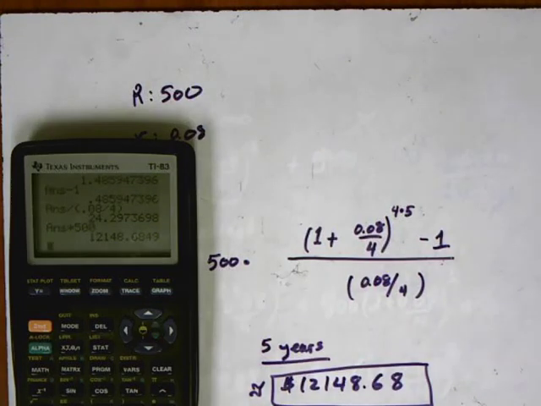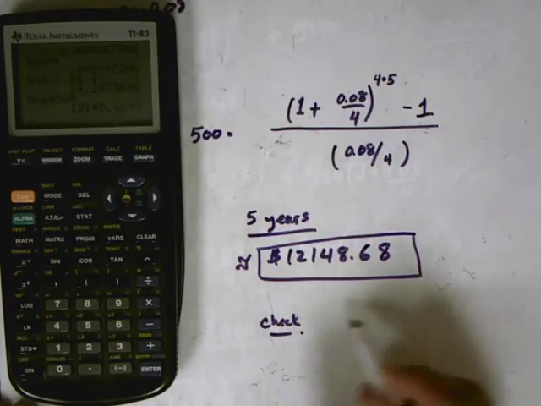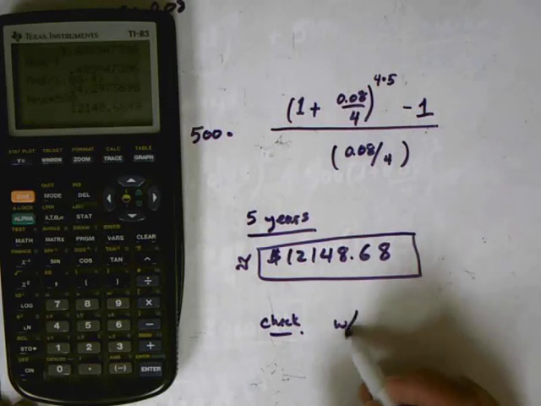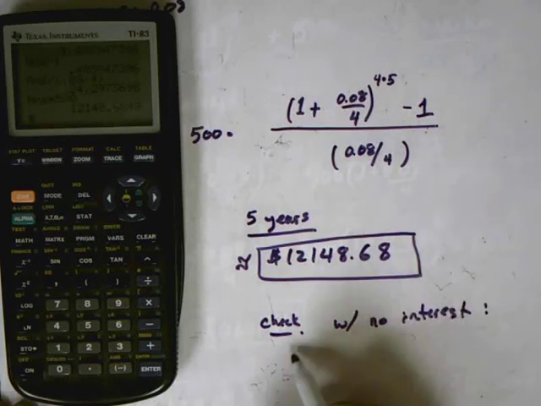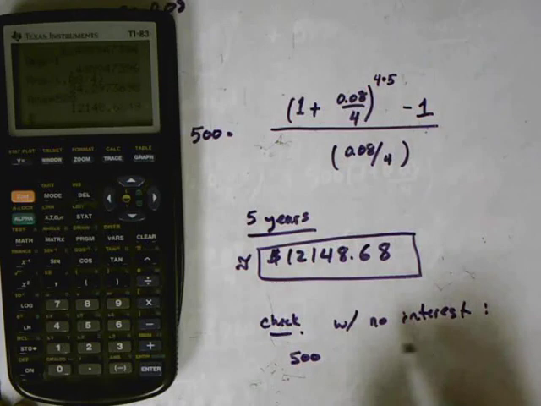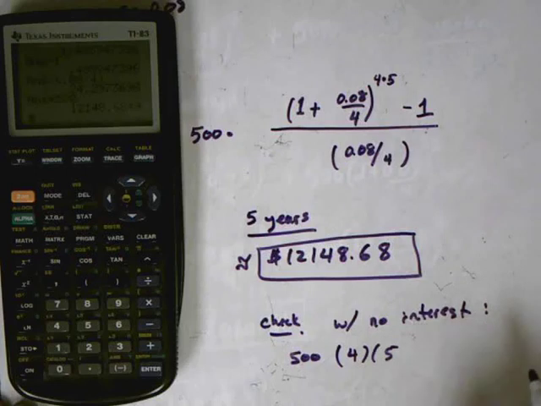And we do want to make some sense of this. Again, just ask yourself, if he just puts in $500 every single quarter without any sort of interest, how much money would he have? Just as a good way to check. With no interest, all he's really doing is putting in 500 every quarter, 4 times a year for 5 years.